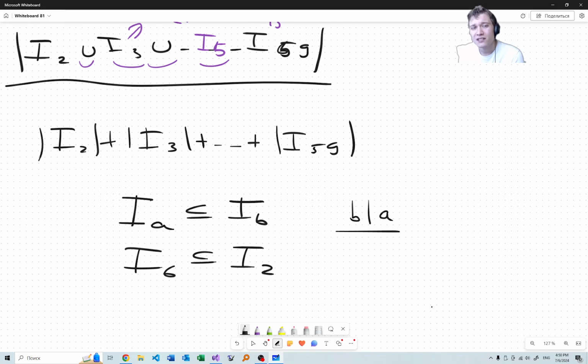Therefore, we're not interested in composite indices. Let's just ignore for now all composite indices. We only want prime indices.